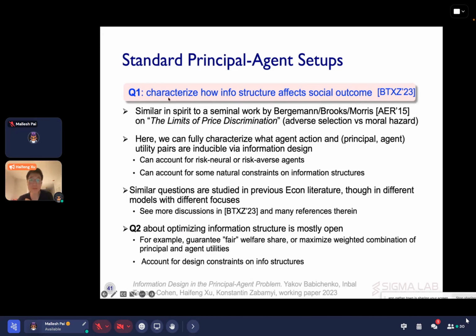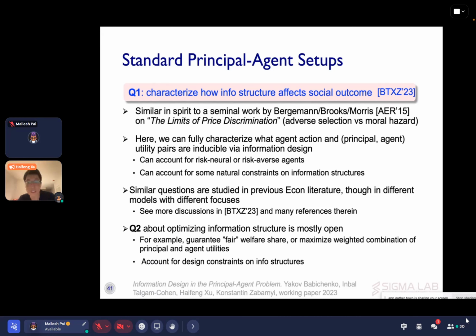And this is just for question 1. For question 2, about really optimizing information structure, I believe that's mostly open. There isn't that much study. So you could look at a question like, how can I guarantee a fair welfare share between the agent and the principal? For example, how can I design the information structure so that both principal and agent get at least 40% of the welfare?